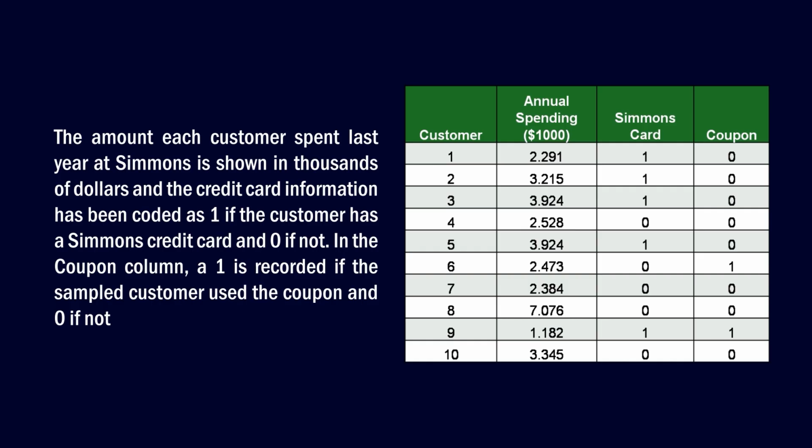The fourth column is the coupon column: if it is 1, the customer has used the coupon, and if it is 0, the customer has not used the coupon.